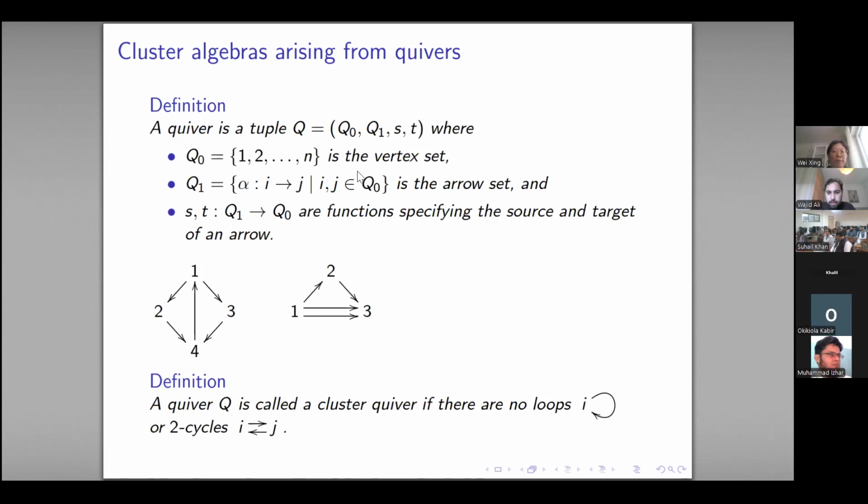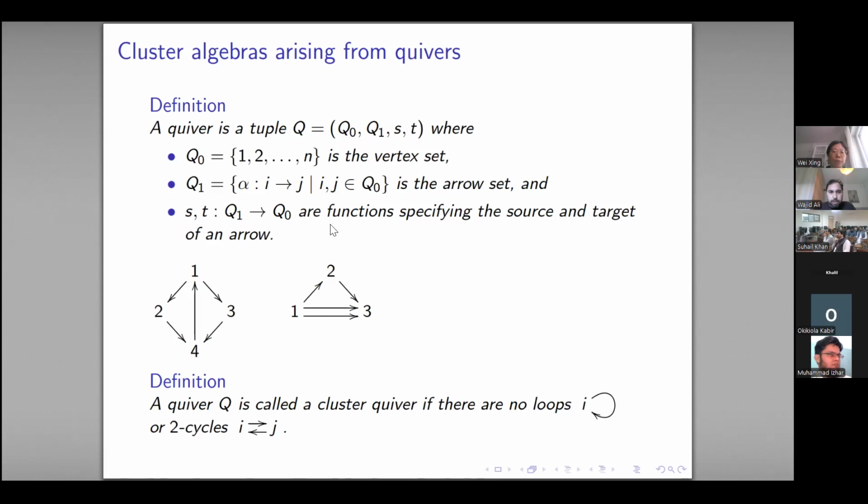So a quiver consists of the following data. We have Q0, which is a set of vertices, called the vertex set. And I will label those vertices by integers 1, 2, 3 until n. And another set, Q1, consists of arrows alpha that go from i to j, where i, j are vertices, and it's called the arrow set.